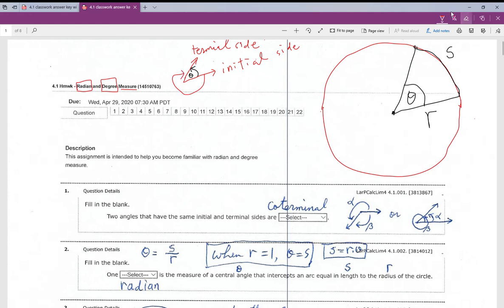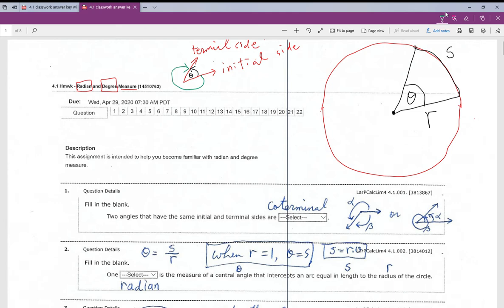Let me change to another color, green. Okay, so from the same initial side, we go clockwise, and you find a bigger angle.